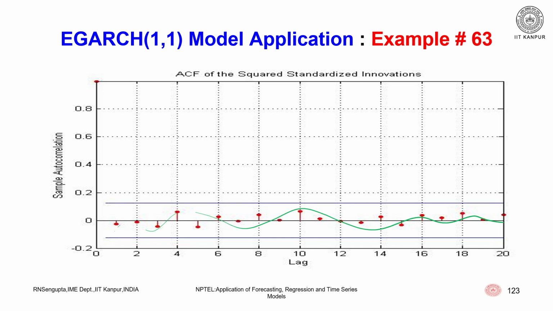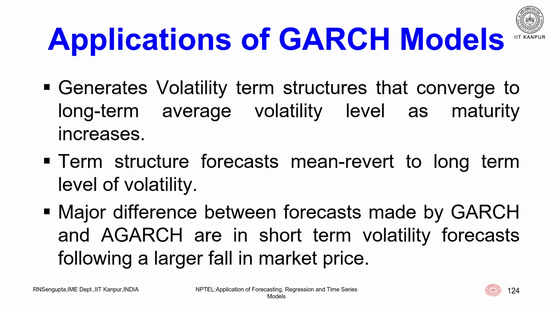Applications of GARCH models are used to generate volatility term structure that converges to long term average volatility levels. Term structure forecasts mean revert to long term values of the volatility. The major difference between the forecasts made by GARCH and EGARCH is in the short term volatility forecast following a large fall in the market, or it can be a large increase in the market also.